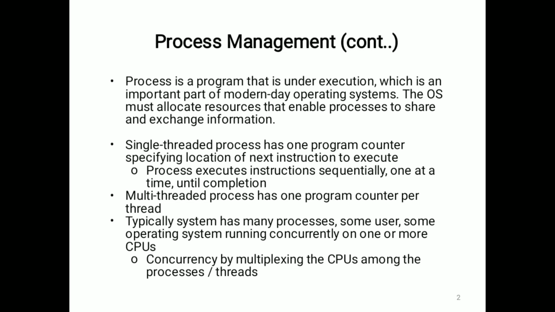A multi-threaded process has one program counter per thread. Typically a system has many processes, some operating system processes, running concurrently on one or more CPUs. So we can say there are multiple processes which are using the CPU time.